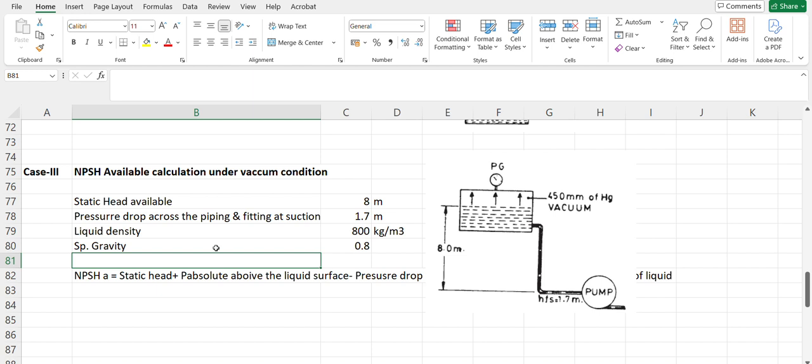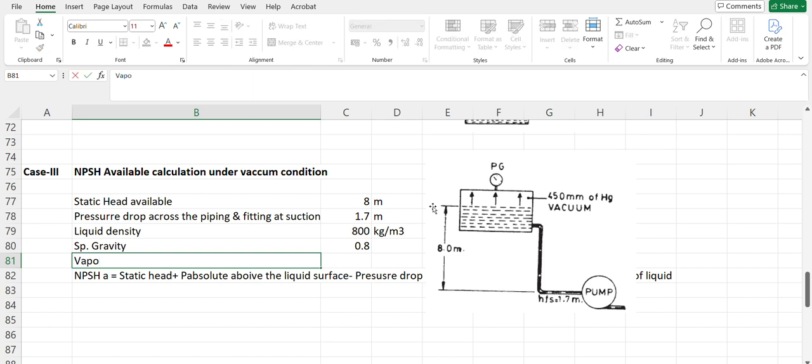Now based on that data, we have considered this example at 40 degrees Celsius, where we are transferring material.